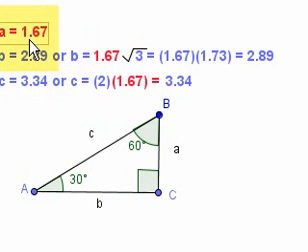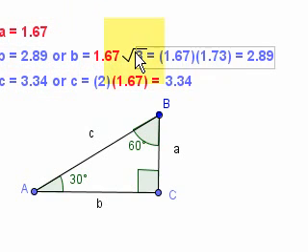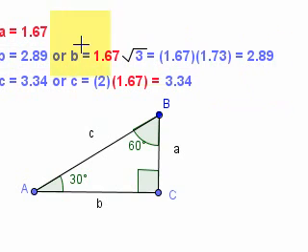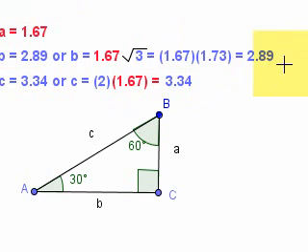Notice this b can also be calculated as the side opposite to 30 times the square root of 3, and you can see I've estimated the square root of 3 here to be 1.73. And notice we get the same calculation here: 2.89, the computer calculates that to be. And then over here, 1.67, which is A, times 1.73, you get the same value.